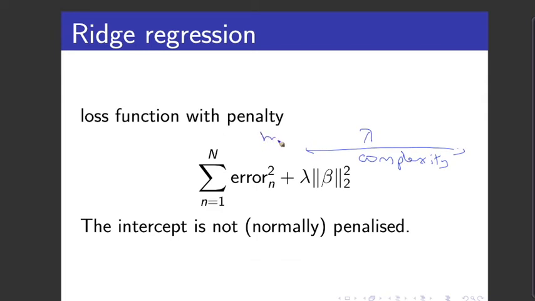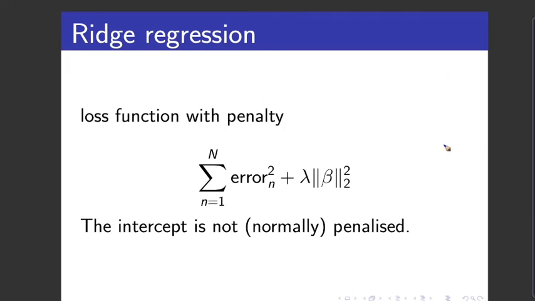Lambda equals high gives very simple models, which are just going to be a straight line. Lambda equals low is going to give us exceedingly complicated models, and as lambda varies, we're going to find something in the middle, which is hopefully the optimal trade-off between bias and variance.